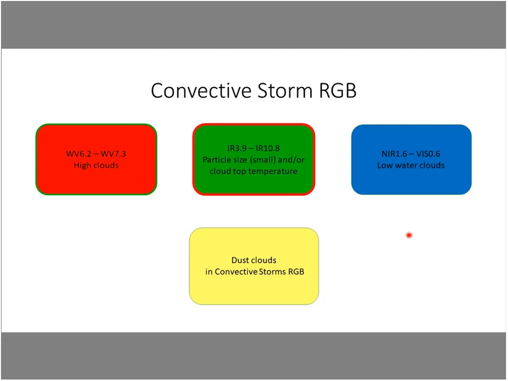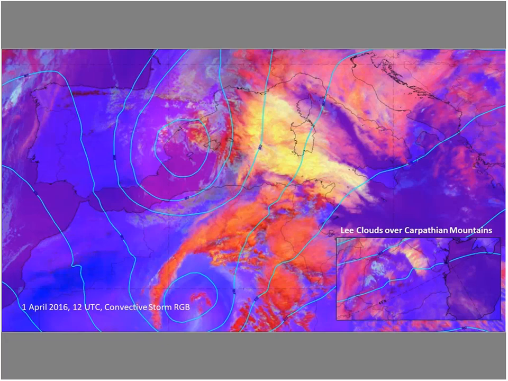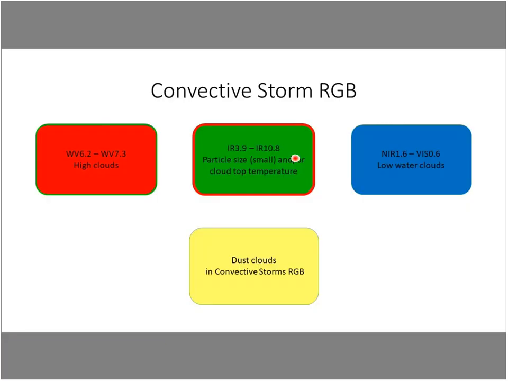And as I said, the bright yellow color in the image before shows us that there is a lot of dust in the clouds, and the yellow color comes from the red and green contributions.